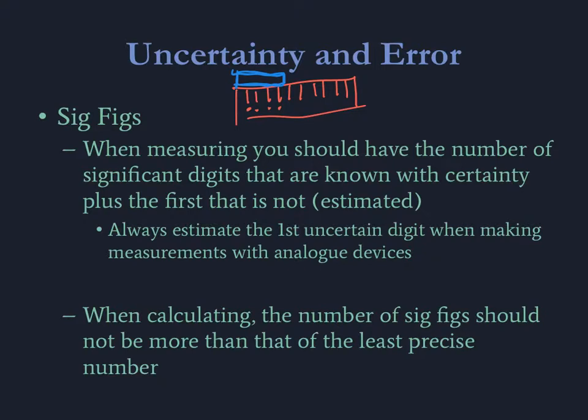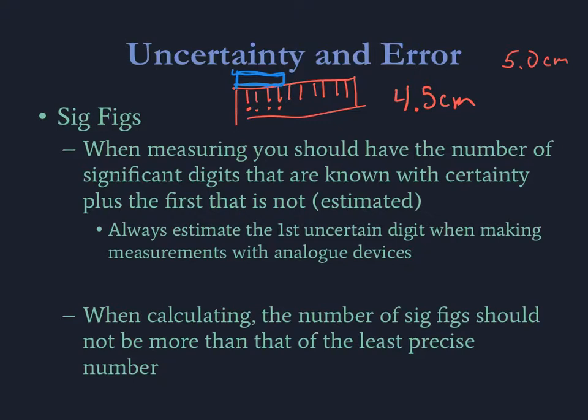Clearly not 4, clearly not 5. So we're going to estimate that it's about 4.5 centimeters. That gives us a little bit more precision in our reading. If it's right dead on a 4 or a 5, then we do 5.0 centimeters. You still include that first uncertain digit, that first estimated number, but make it a 0 if it's right on the line.